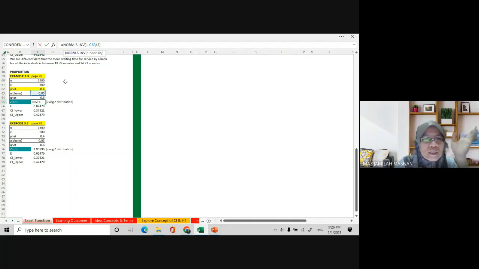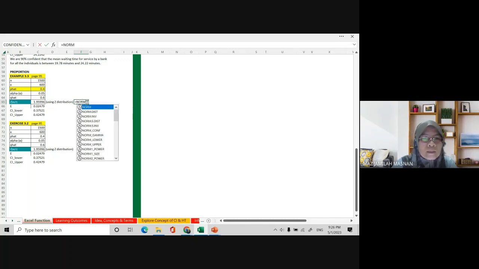So just put accordingly. Let's say I do it again. I have my alpha here, because for the Z distribution, for proportion, just use the alpha value. So now I go to equal to. Just remember which function you should use: NORM.S.INV. Double click.